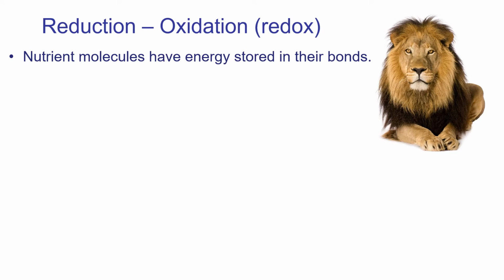So for instance, the triglycerides that you have in your fat cells, they have a lot of potential energy. They're a great way to store energy because they contain nothing but non-polar covalent bonds. Those bonds can be broken, used to make water and also carbon dioxide, which releases a net gain of energy.